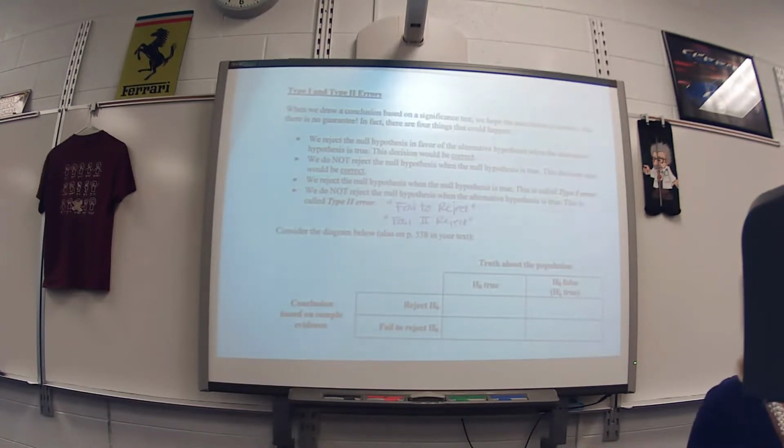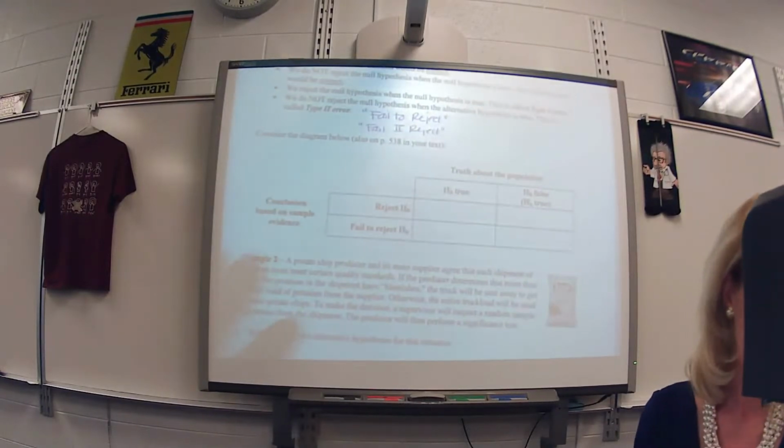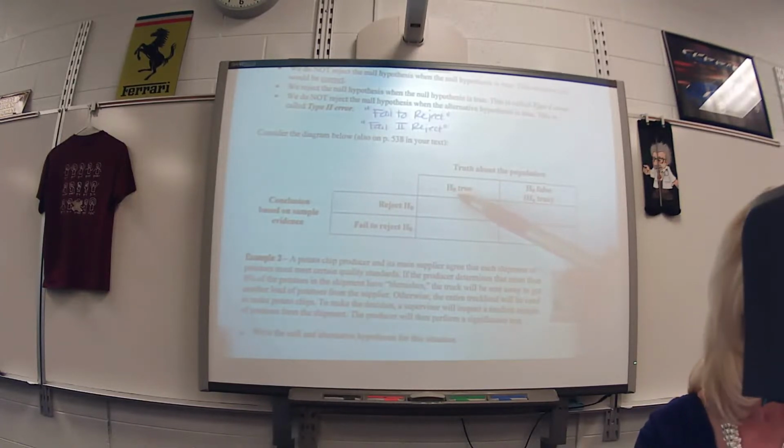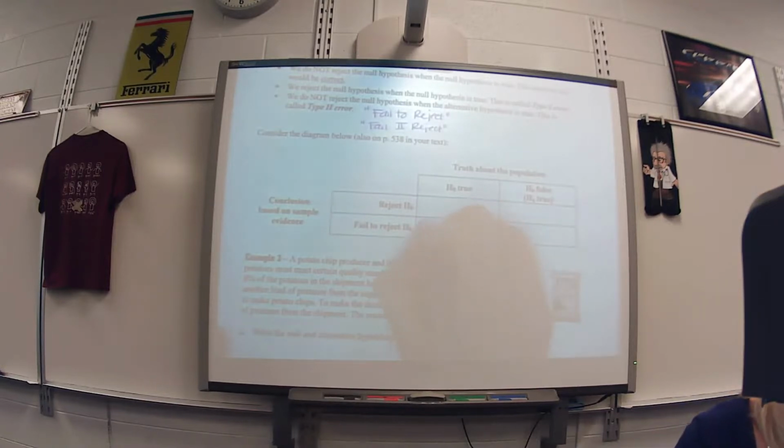All right, so this is the diagram they have in your book. So what we have here, if the null hypothesis is true and you fail to reject it, this is good. I'm going to put a smiley face here.